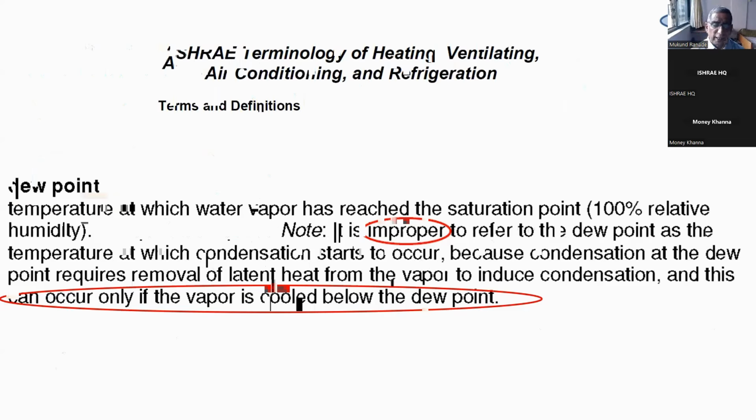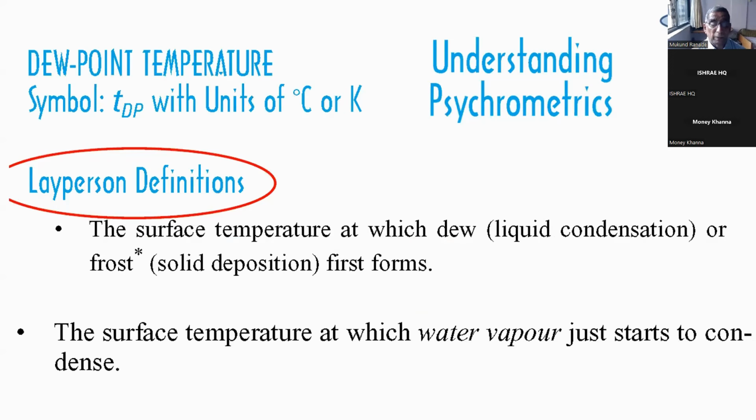Psychrometric understanding defines the dew point in two ways. One is the lay person's definition. We are engineers, we are not lay persons. The lay person's definition is what many people take: the surface temperature at which dew or frost first forms, or the surface temperature at which water vapor just starts to condense.